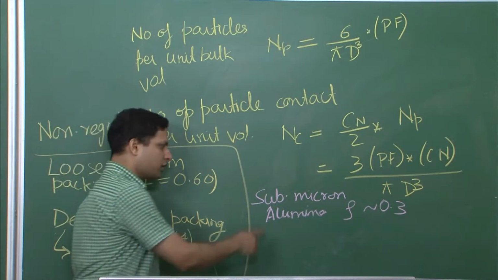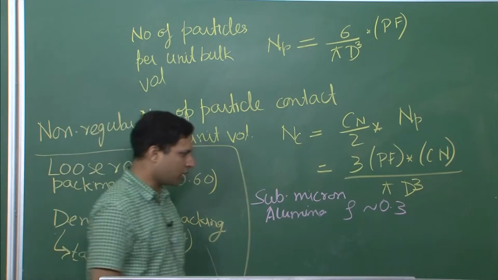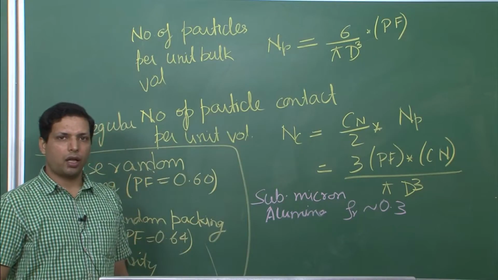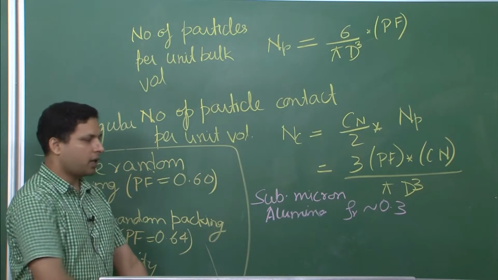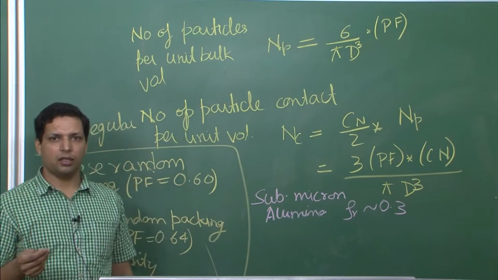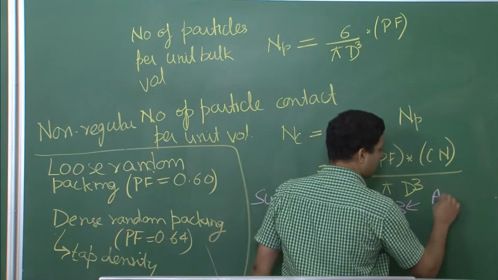Then why are we getting for sub-micron alumina powders a rho, which is again relative density, equal to 0.3? You have to remember that when the particle size reduces, agglomeration tendency increases. So, this is because of agglomeration.